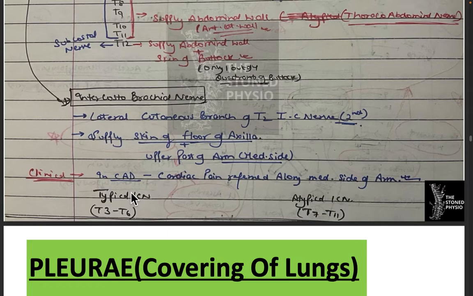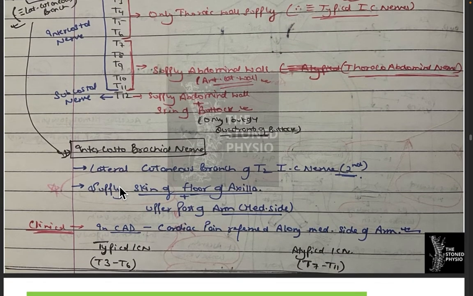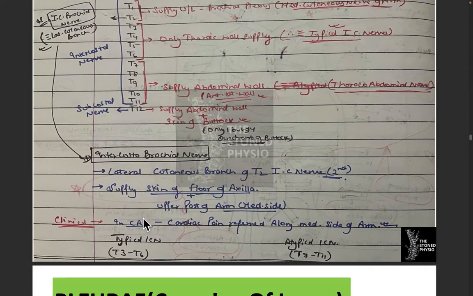Here the same thing is written: the typical intercostal nerves are either T3 to T6 or T1 to T6. It depends. If you are giving an exam and you get both options, T1 to T6 as well as T3 to T6, I would suggest you go for T3 to T6, because it is more precise than T1 to T6.